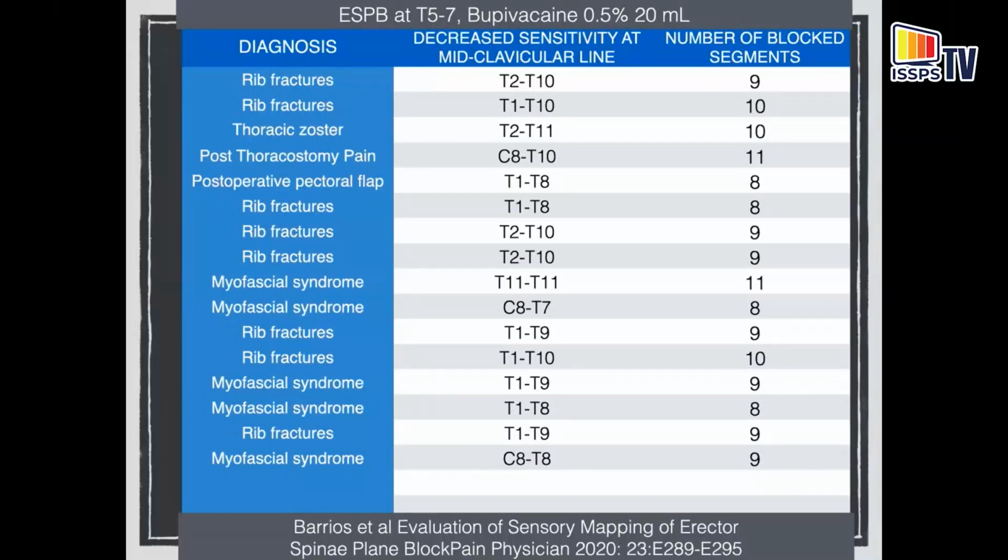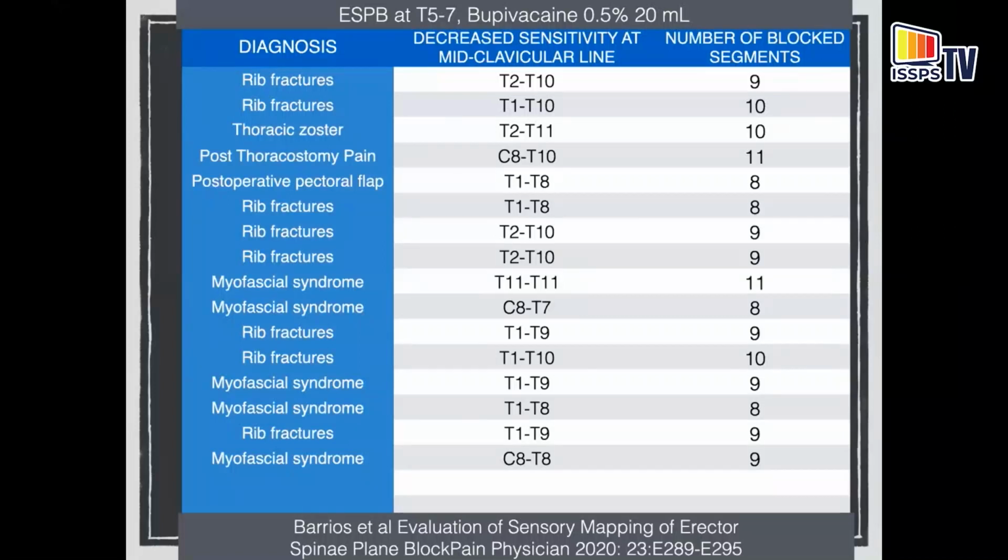And quite dramatically, I believe 20 mils of ropivacaine 0.5% resulted in 9 segments being blocked. I think this is a dramatic result, or akin to what I would expect with an epidural block.